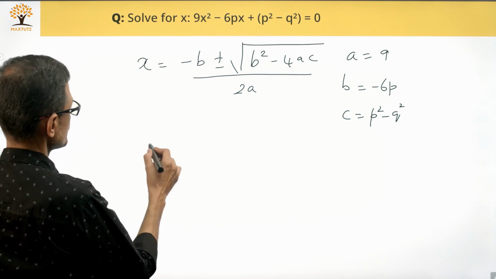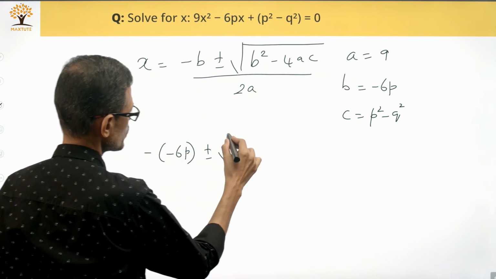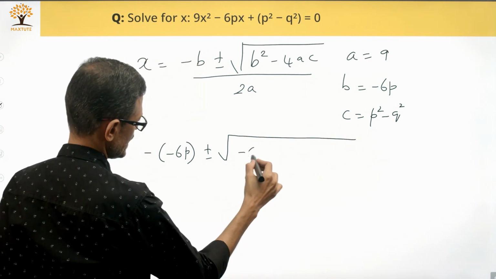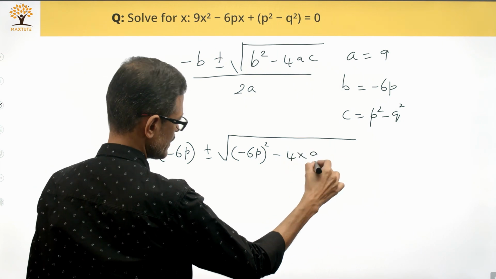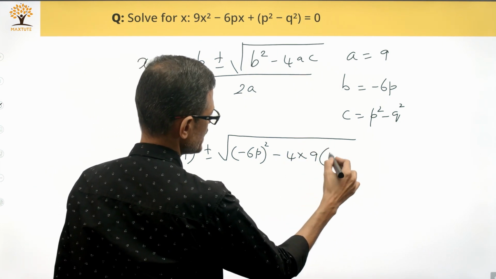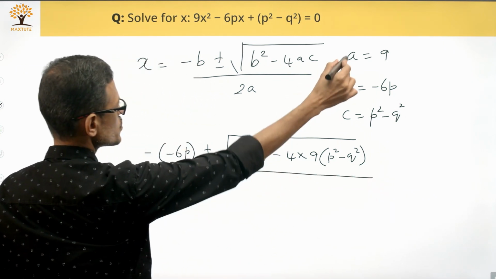So minus b is minus of minus 6p, plus or minus square root of b square, which is minus 6p the whole square, minus 4 into 9, which is a, into c, which is p square minus q square, divided by 2a, which is 2 times 9.